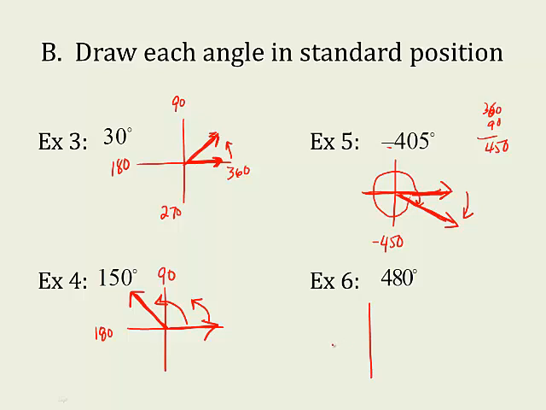Right? What about number 6? Positive 480. Now we're going in the positive direction, so the initial side is always right here on the positive x-axis. So this is 0. We know if we make a full rotation, it's 360. If I keep going another 90 degrees, that would be 450. We need more than 450. If I go another 90 degrees, that would be 540.